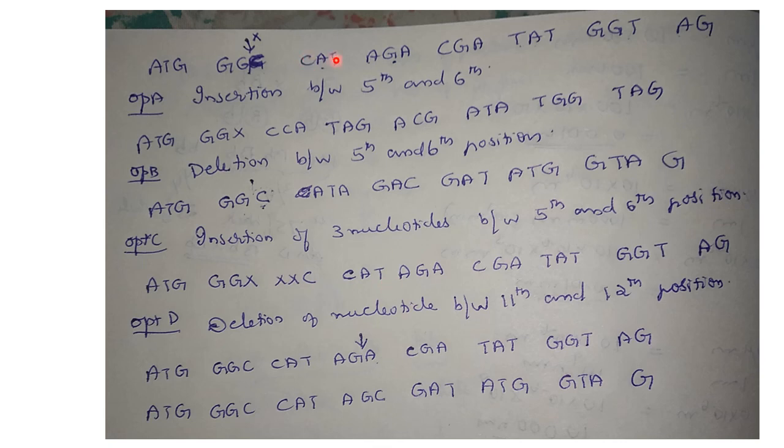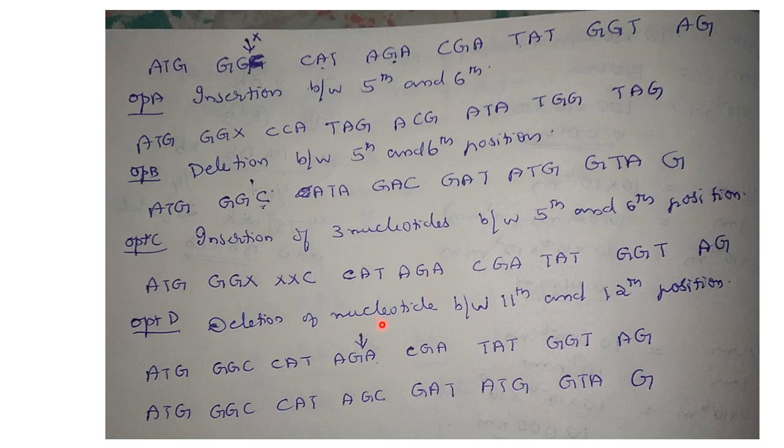So it is resembling CAT over here. AGA, CGA, TAT, GGT, AG. So insertion of 3 nucleotides doesn't cause much variation in the protein sequence. So answer will be option C, that is insertion of 3 nucleotides between 5th and 6th position.